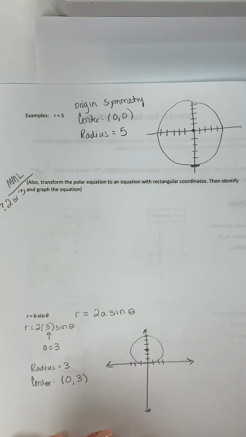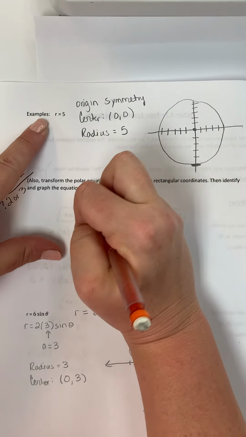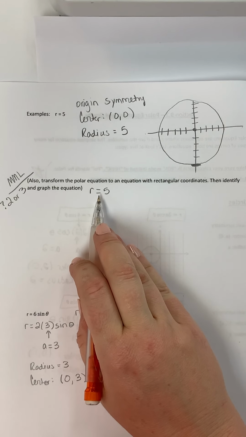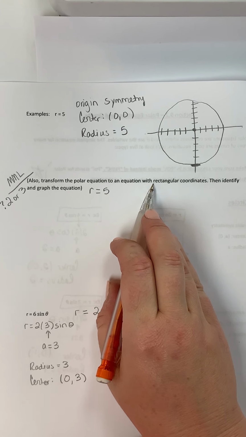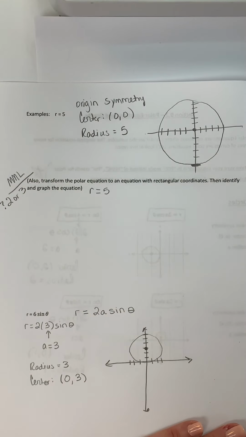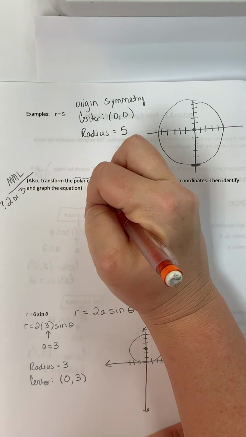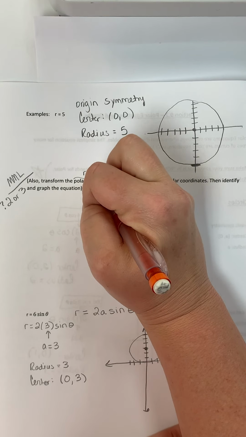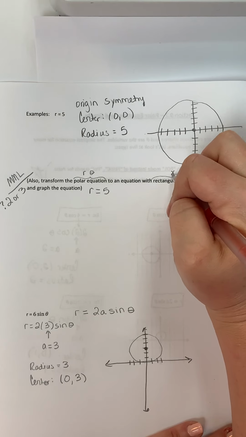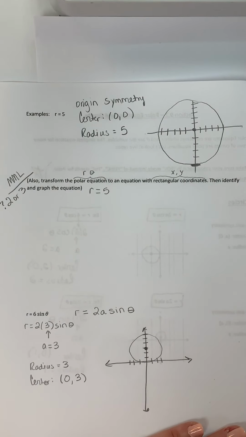My Math Lab wants you to take this r equals 5 and transform this polar equation to a rectangular equation, and then be able to identify all of these items from the rectangular equation. So remember, a polar equation is one that only contains r and theta. A rectangular equation only contains x and y. So those are my rules that I have to follow.